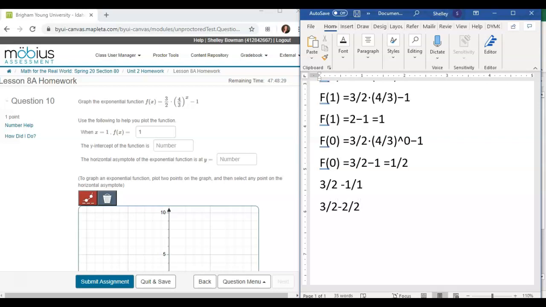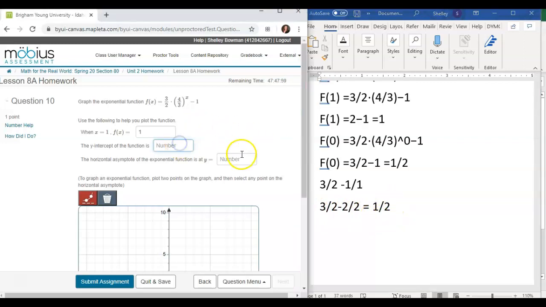And the reason I can do that is 2 divided by 2 is 1, and I haven't changed this value at all. It's still equivalent. So now I take the numerator, 3 minus 2, which is 1, and the denominator you don't subtract when you're subtracting fractions. It tells you how many pieces you've cut up something into, and so it stays the same when you're subtracting. So that's where the 1/2 is.